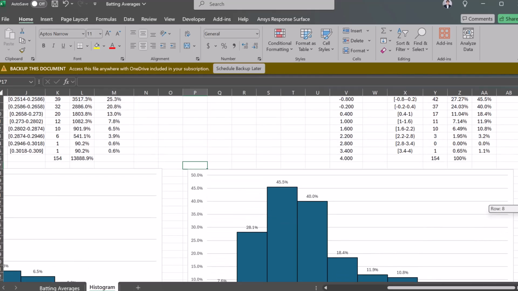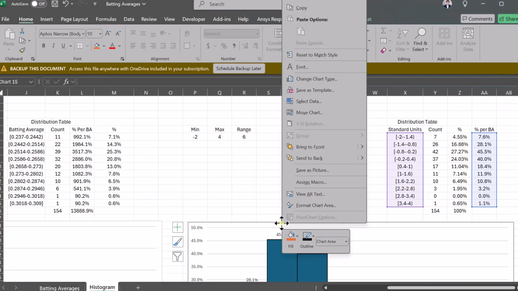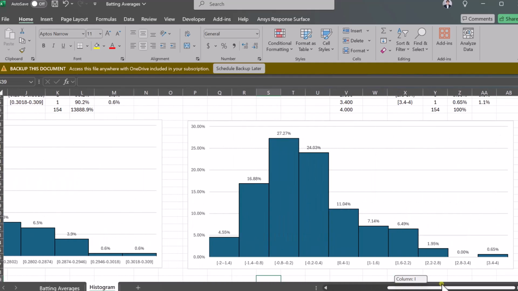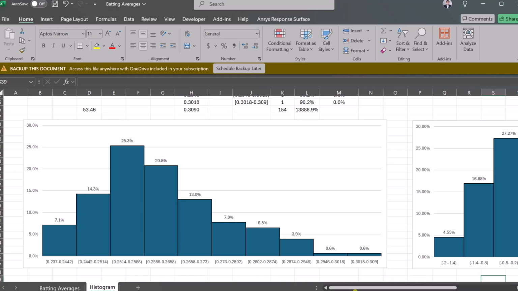Let's do the same thing here. Now, these aren't density scales anymore. These are just telling you the percent of data points within that block. So how do these differ? You've got 7.1 here, 4.5 here, 14.3 here, 16.88 here. This has to do with what I mentioned a few minutes ago.